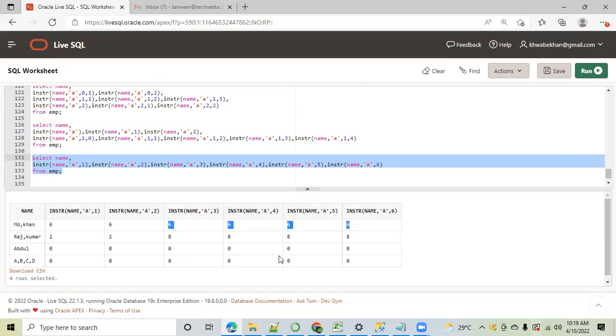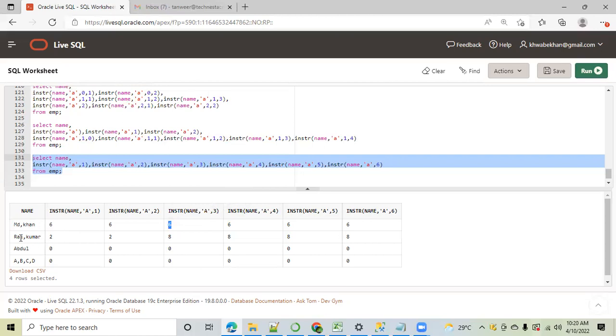Hope that is clear. Now this first and second column is just giving you the output of the first occurrence. But if you see this one, it's very interesting. In Muhammad Khan, MD Khan, this is 6. Why is this 6? Because this is showing you the first occurrence of a.